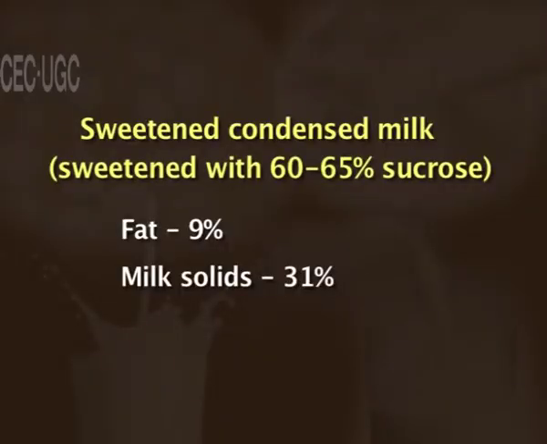Now here the amount of sugar is present to an extent of 65%, and it should contain 9% fat and 31% milk solids. Now this product, as I said earlier, is not sterilized, but it is preserved by the addition of high amounts of sugar, and it is mostly made with skimmed milk.